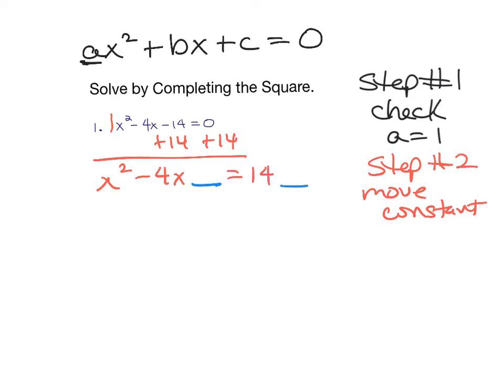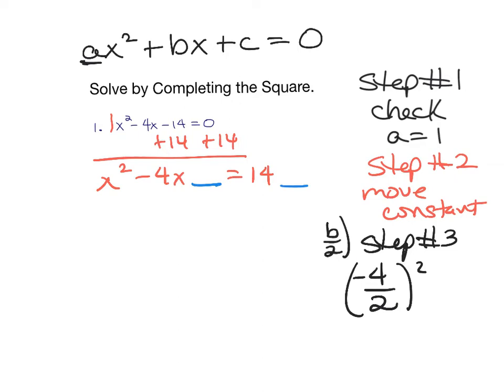Now, step 3 is to take the b term, the number in front of x, divide it by 2 and square it. So essentially it's b divided by 2 squared. My b was -4, so I divide it by 2 and square it. Now, there's an important lesson here.